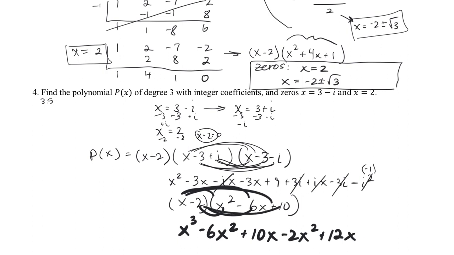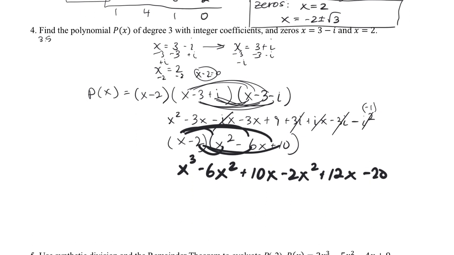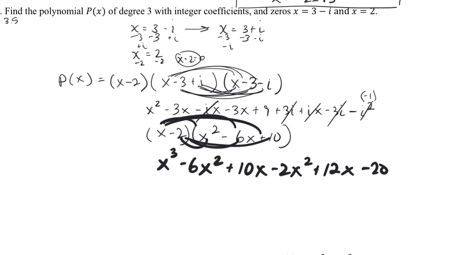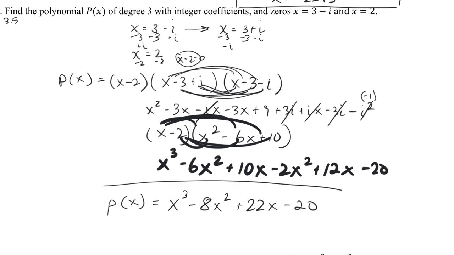And negative 2 times positive 10 is negative 20. So then we have p of x equals x cubed. We combine our x squared terms to negative 8x squared. We can combine the x terms into 22x and then minus 20 at the end.